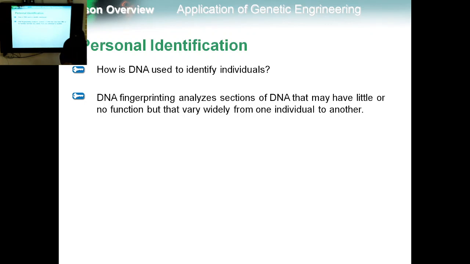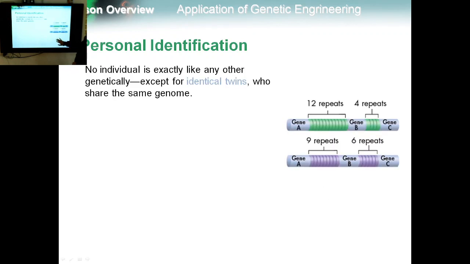As you know, the DNA is composed of coded segments and non-coded segments. The coded segments code for protein, and non-coded segments do not code for protein. In DNA fingerprinting, we are checking the non-coded part of the DNA. So what we will check here is the repetition of the non-coded gene.